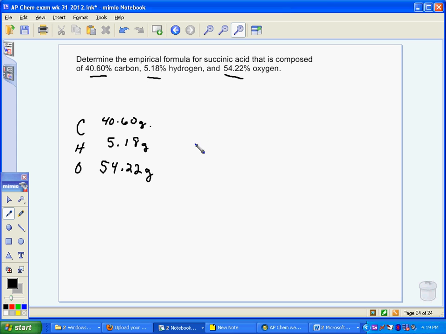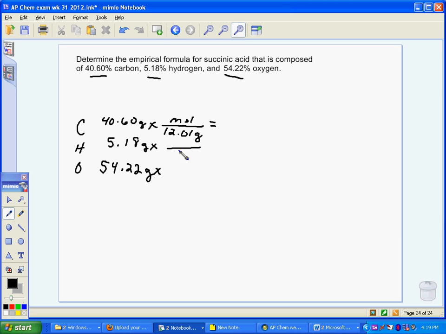So we're going to just convert each one of these numbers to moles. And we're going to do that by dividing by the GMW, or the molar mass. For carbon, it's 12.01 grams per mole.